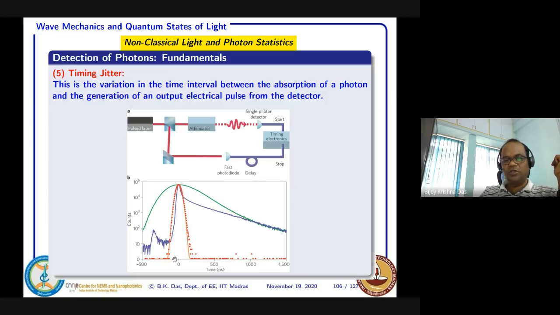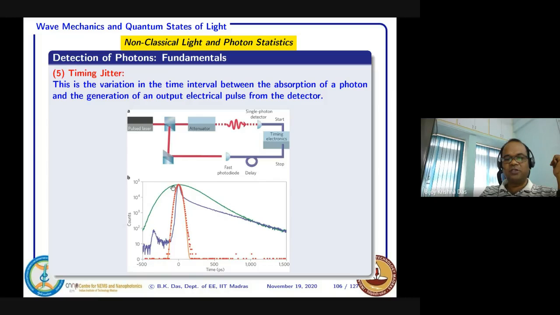In that case, you see the jitter timing, that means the FWHM. You expect that it should come exactly at that particular time, deviation zero, right? But you see deviations like this.